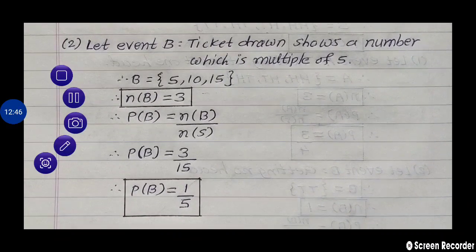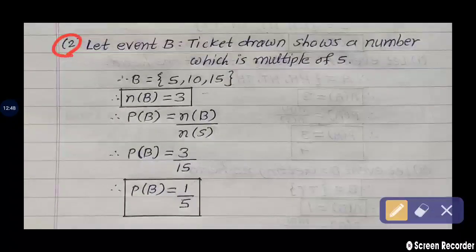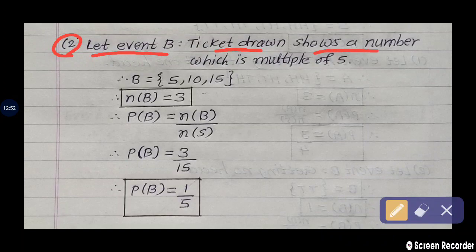Second event. Let event B be the ticket drawn shows a number which is a multiple of 5. From 1 to 15, which numbers are in the table of 5? Multiple of 5, so 5.